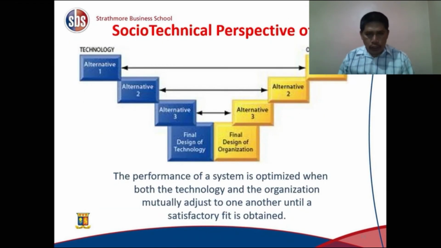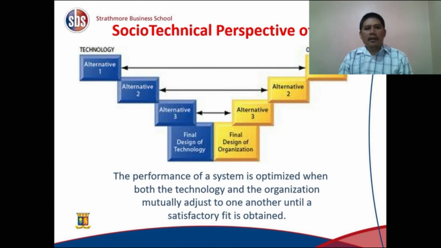So what is our approach in studying information systems in this unit? Our approach is using the socio-technical perspective. In this approach, we look at the performance of a system and we believe that it can be optimized when both the technology and the organization mutually adjust to one another until a satisfactory fit is obtained.